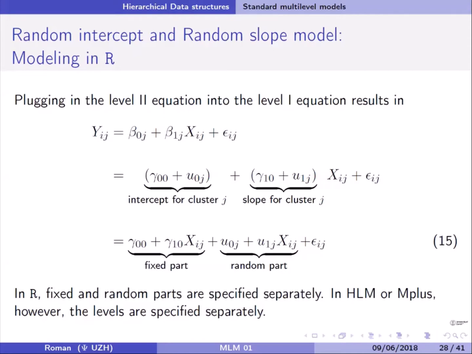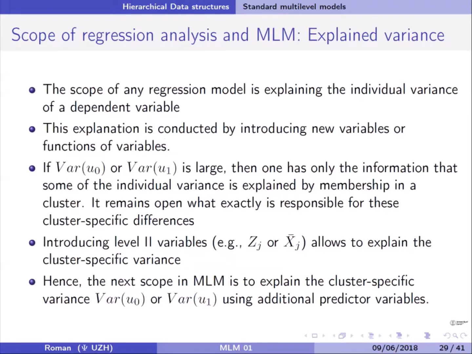We won't have to denote this entire equation in this way. However, in HLM or M+, two other pieces of software, you have to specify the levels separately. I will not be discussing or using this software much. It's an option that costs money. I use R. It's open source, and I think it has more of a future. So we will focus on R and implementations within R.